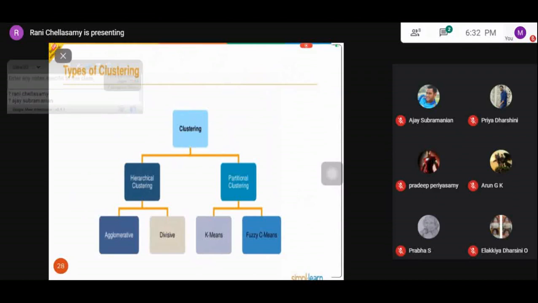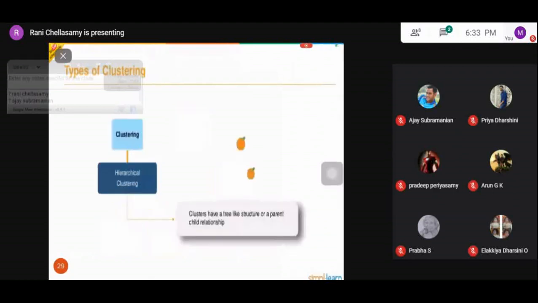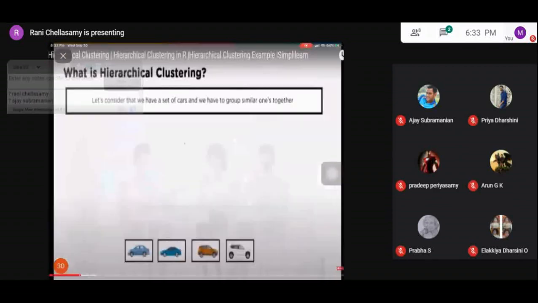We'll see what is meant by hierarchical clustering. In hierarchical clustering, the clusters form a tree-like structure. This tree structure represents the parent-child relationship. Let's consider an example.